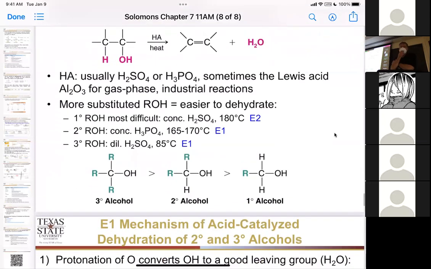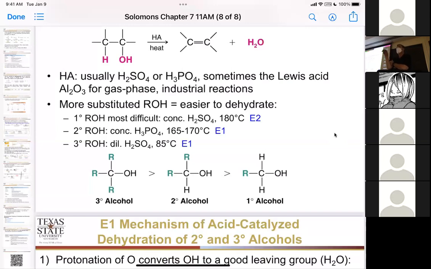In the case of primary alcohols, though, it's really hard to remove that protonated alcohol group, okay? And it happens by an E2 reaction. I'll show you what turns into the base when we do that in a minute. But the secondary and tertiary are actually easier because they go through an E1 mechanism.